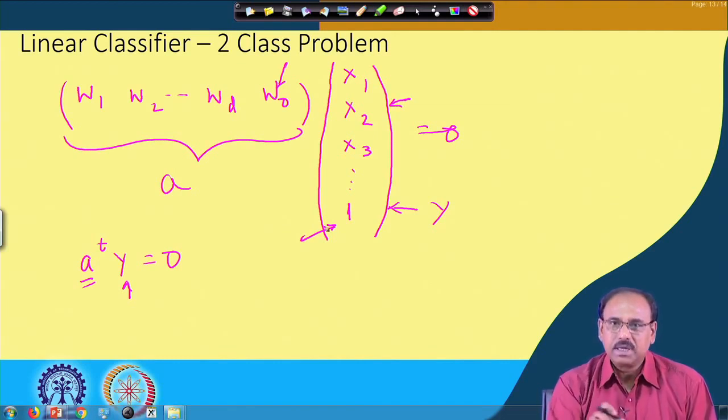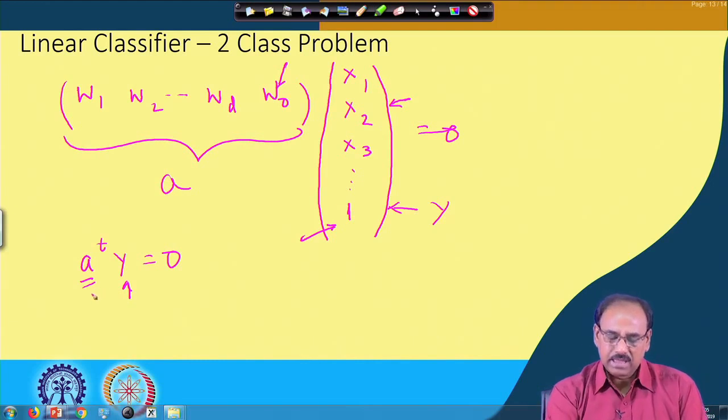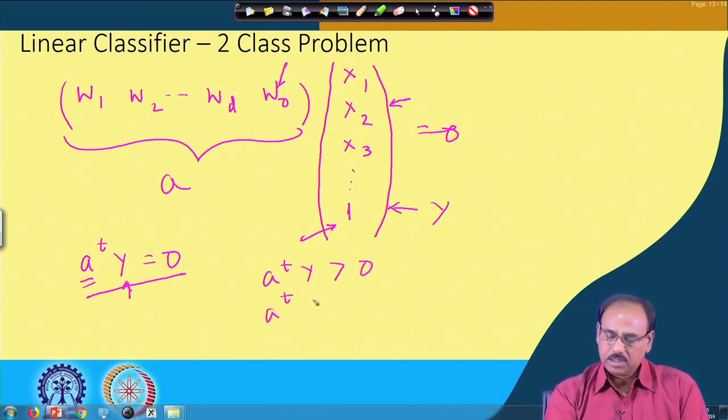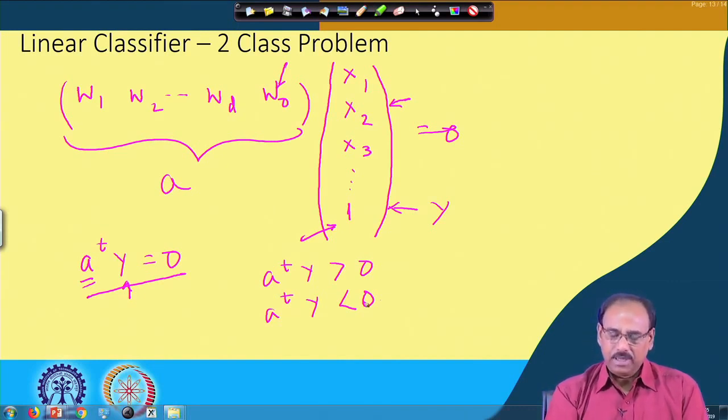So, I can represent that equation w transpose x plus w naught equal to 0 as A transpose y equal to 0. And as before, if y belongs to class omega 1, I have to have A transpose y greater than 0. If y belongs to class omega 2, I have to have A transpose y less than 0. What I can do is, for all the y which are taken from class omega 2, I simply negate them. So, for them, instead of considering y, I consider minus y.